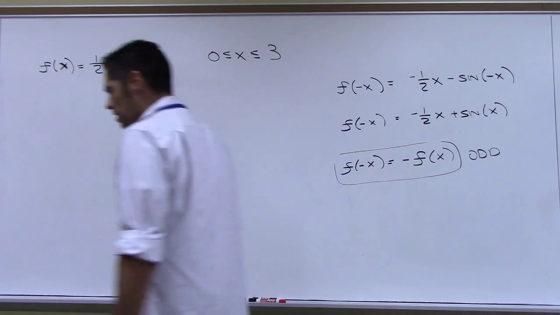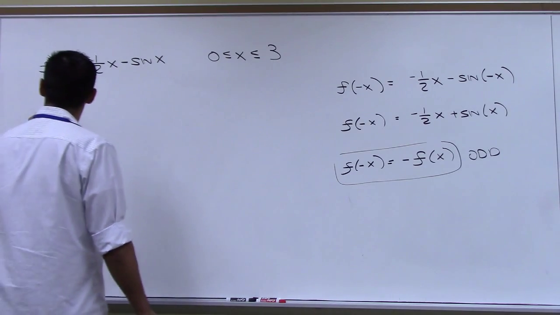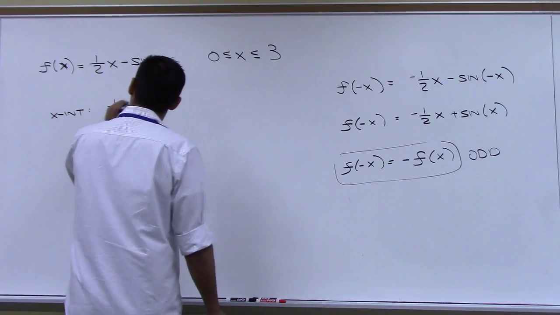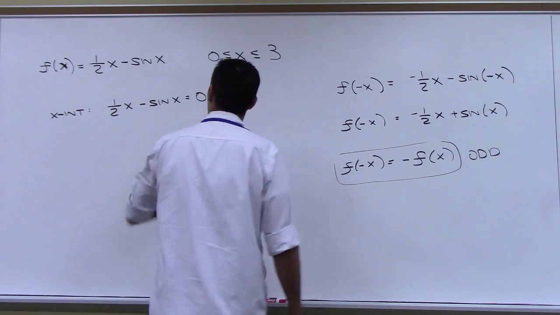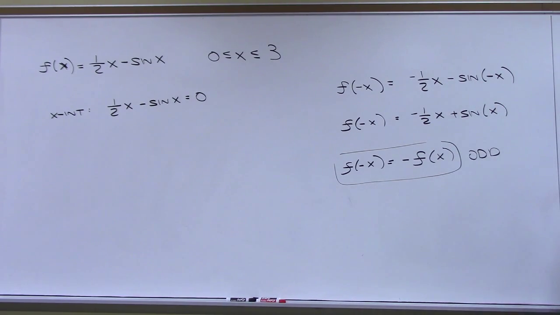All right, so what's after symmetry? Intercepts? All right, so let's try for x-intercepts here. Let's set 1/2 x minus sine x equal to 0. And there is not an easy way to solve that. In other words, there's not an algebraic way to solve for x here.